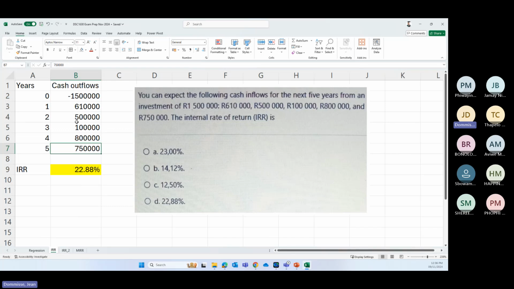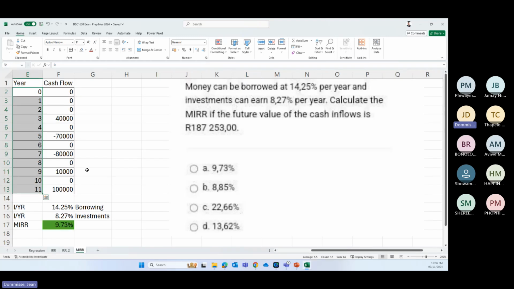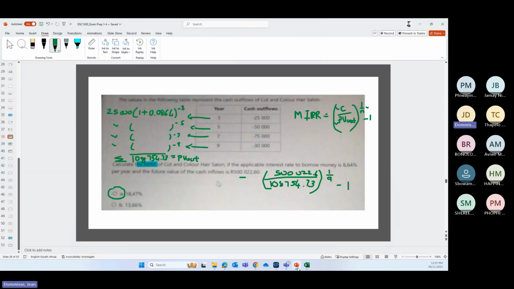Just make 100% sure that this one was now nice, the years were all there, but very easily they could say there's a year 5 with 0 and it's year 6 with a 750. So when you use Excel, just remember that there are all these zeros that need to be in place.